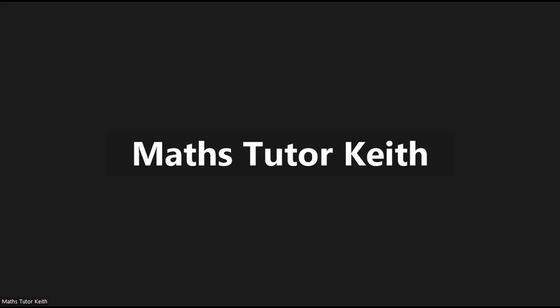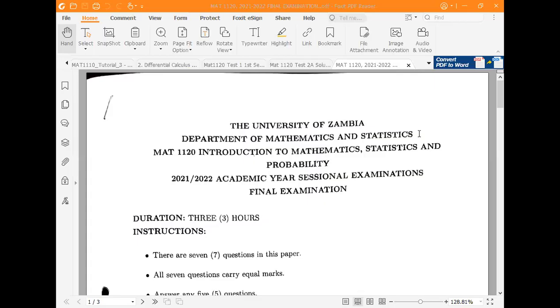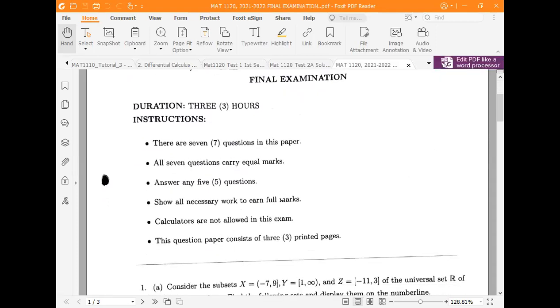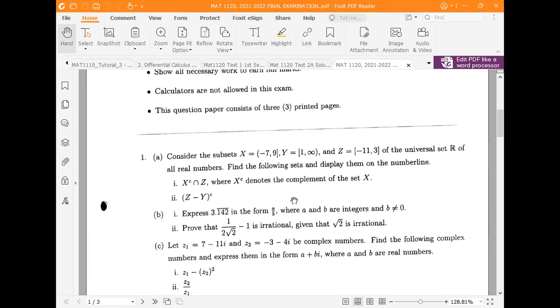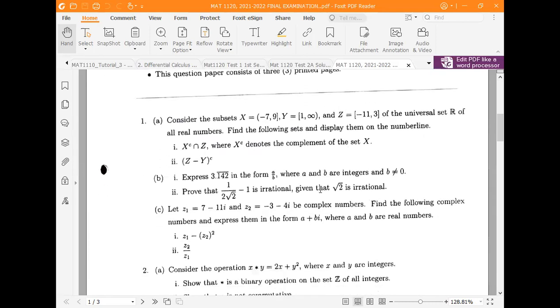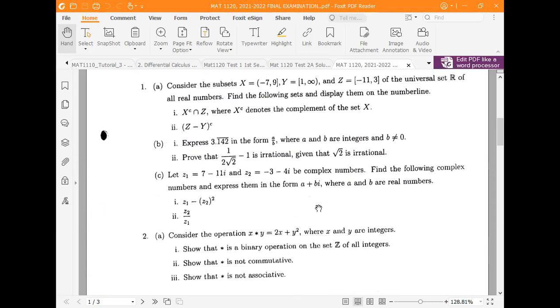We have gone to the past papers, we haven't found anything yet. This is the exam for the other year. Let's check. Out of 7 questions, if there was no domain. Question 1, no domain, no range.